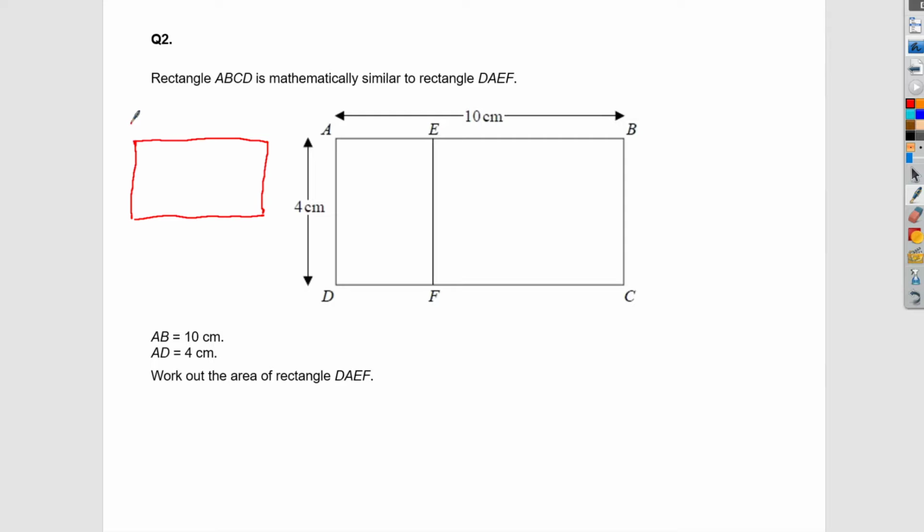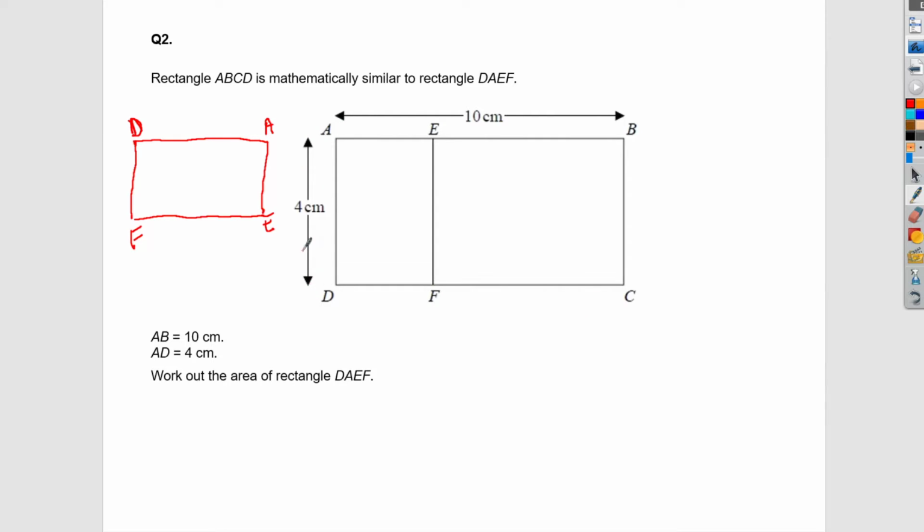I'm going to call that D, A, E and F. So DAEF is similar to ABCD.